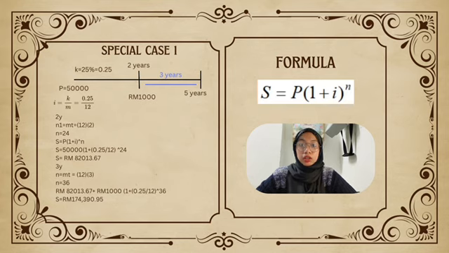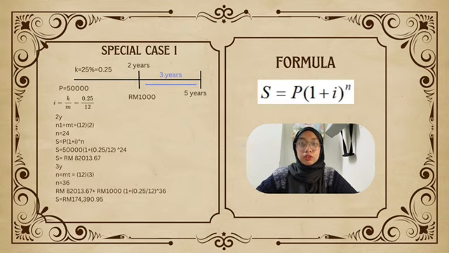So use the same formula, which is S equals P bracket 1 plus i bracket to the power of n, and substitute the values into the formula, which gives us S equals 82,030 ringgit 67 cents plus 1,000 ringgit bracket 1 plus 0.25 per 12 bracket to the power of 36. So we will get S equal to 174,390 ringgit 95 cents.